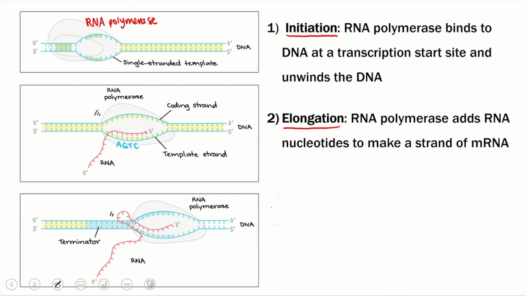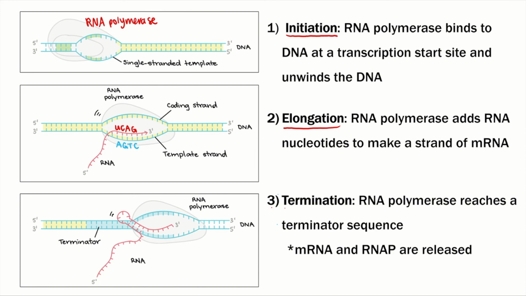So remember that RNA uses the base uracil instead of thymine. So when we have an A here, we're going to add a U instead of a T, because this is RNA being formed in red here. Our other base pairs would be C, A, and G. So in elongation, our RNA polymerase will continue to add those RNA base pairs, helping us form that strand of mRNA.